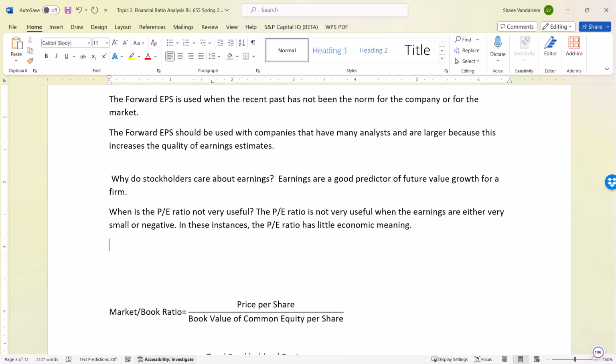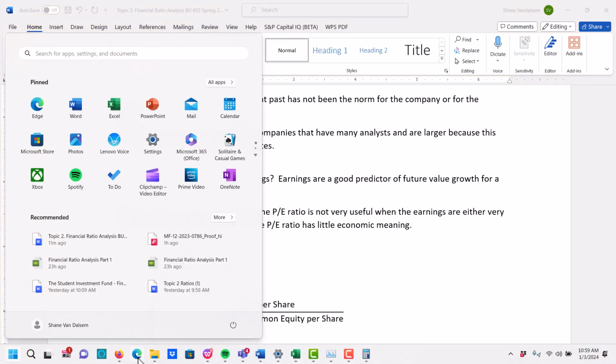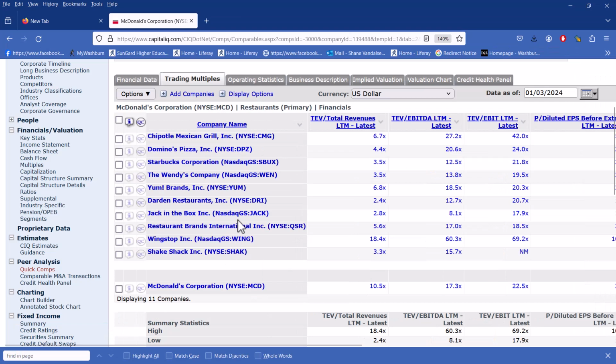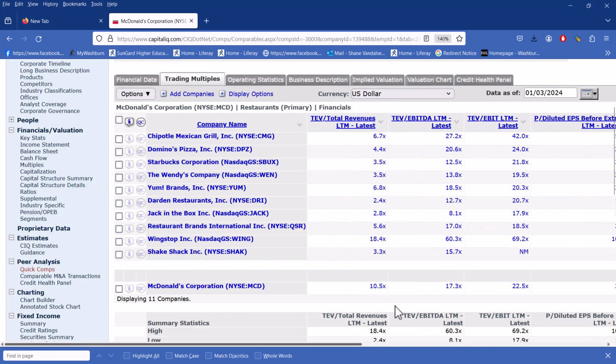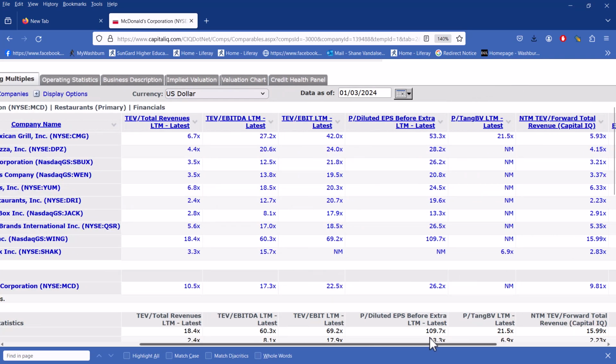So let me go out here to again look at McDonald's PE ratio, and like I mentioned before, comparing this ratio across firms is usually the way we want to take a look at this. Looking at it over time can be useful to see if there's any trends with how the perception of the company is going.